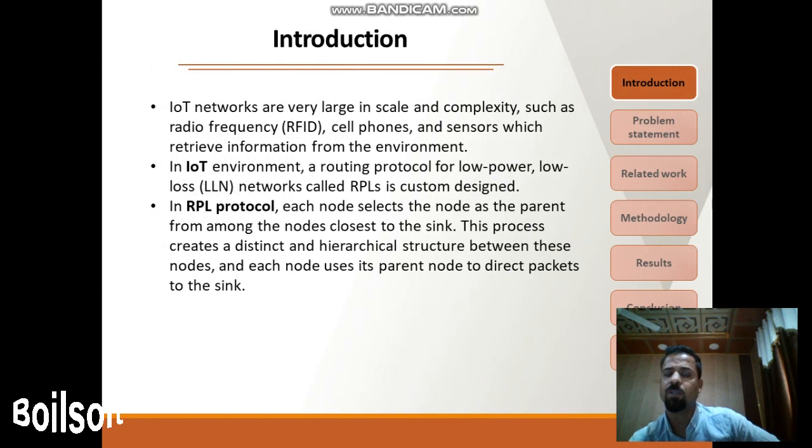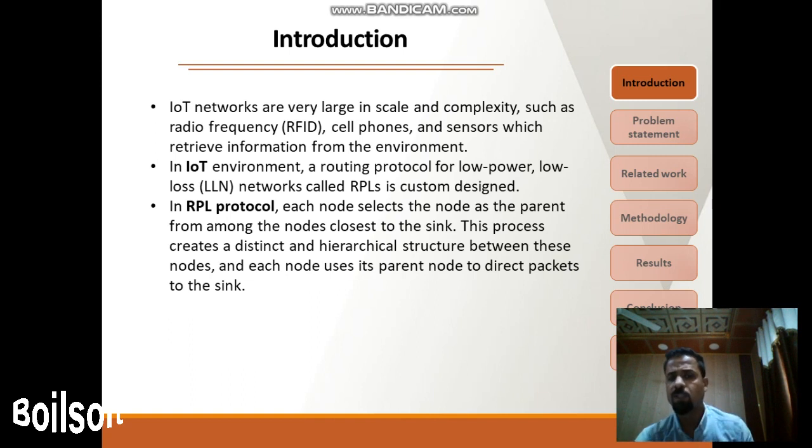Introduction. The Internet of Things is very large scale, with complexity such as radio frequency, cell phone, and sensor related information from the environment. In the Internet of Things environment, the routing protocol for low power and lossy networks, called RPL, is customized.